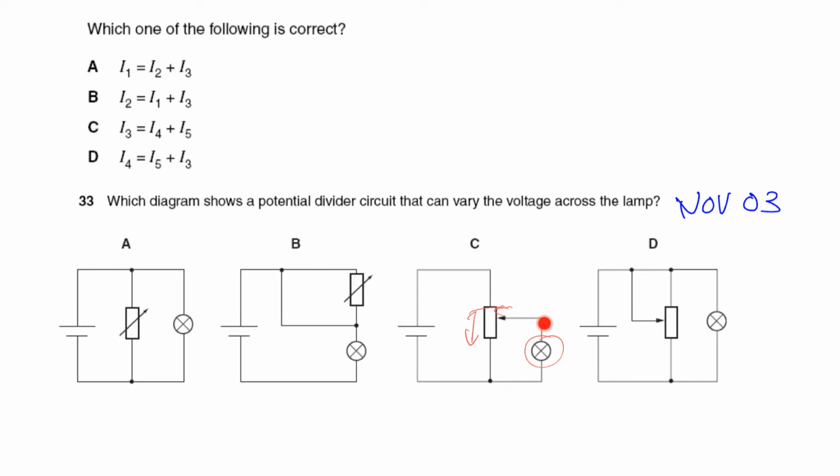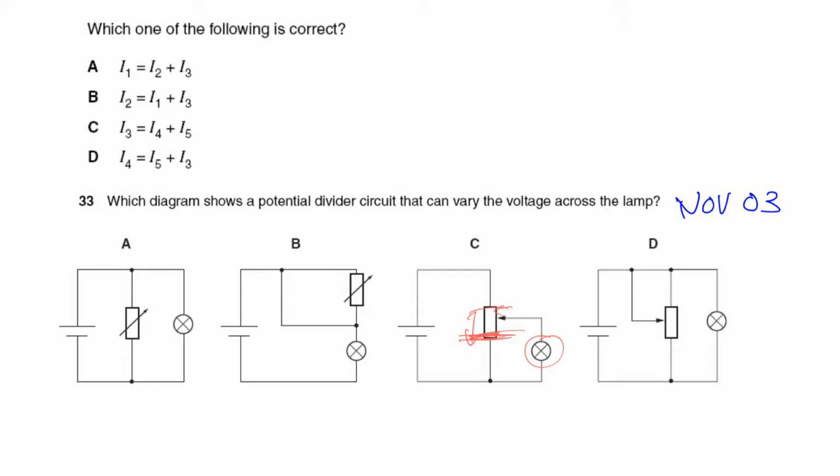This side gets less current, so the lamp will get more current, so there will be higher PD. But if you push the slider to somewhere here, this side will have smaller resistance, so when current comes here, more current will pass through here, and less current will flow through your lamp. So the PD across your lamp can vary.